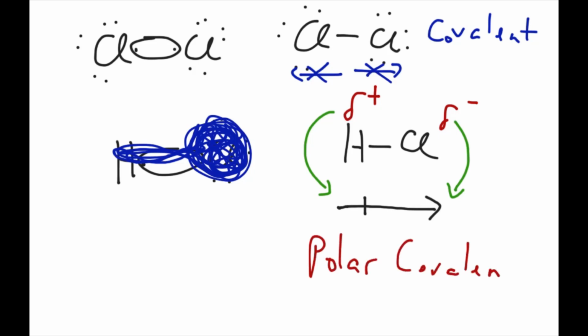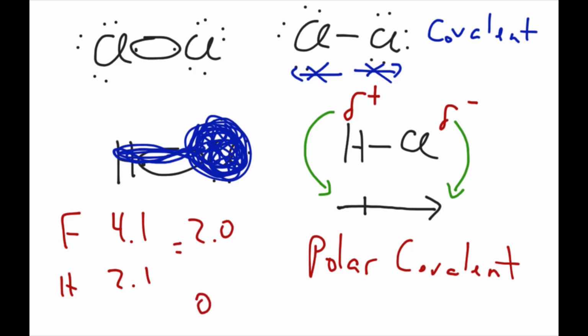Now you may have learned in high school, or find in some textbooks, that there's a specific difference that's required. If fluorine has an electronegativity of 4.1 and hydrogen has an electronegativity of 2.1, the difference in electronegativity is 2.0 on some sort of scale.